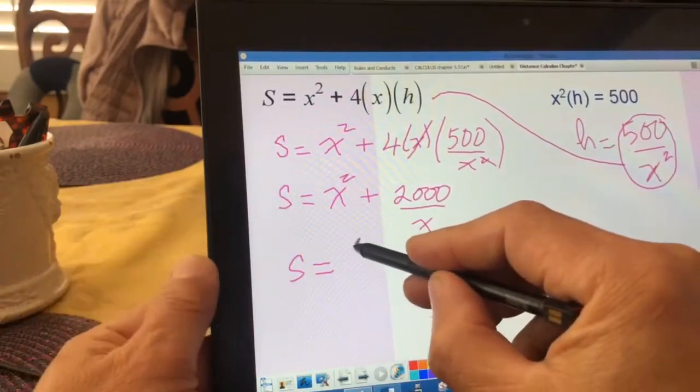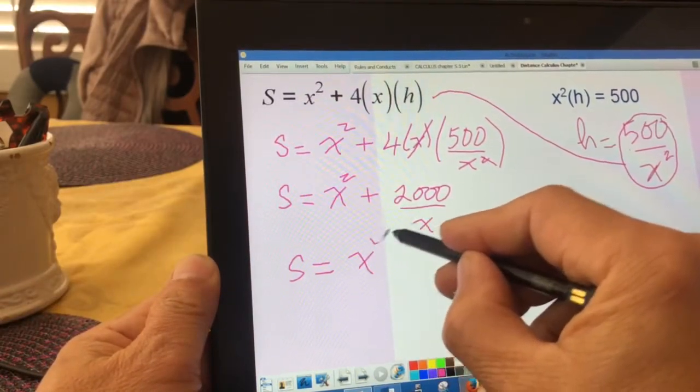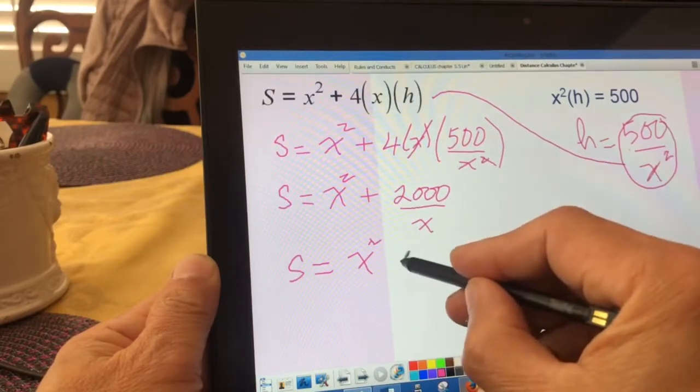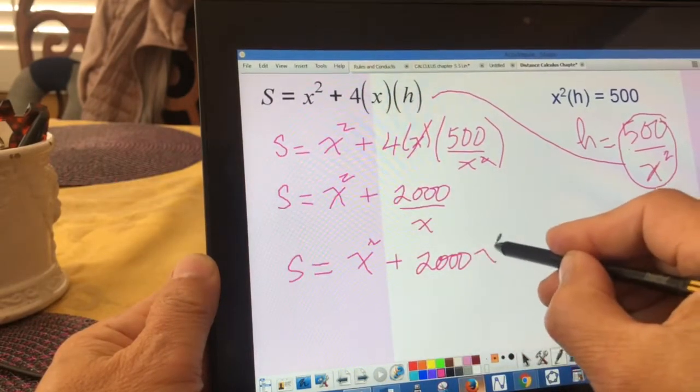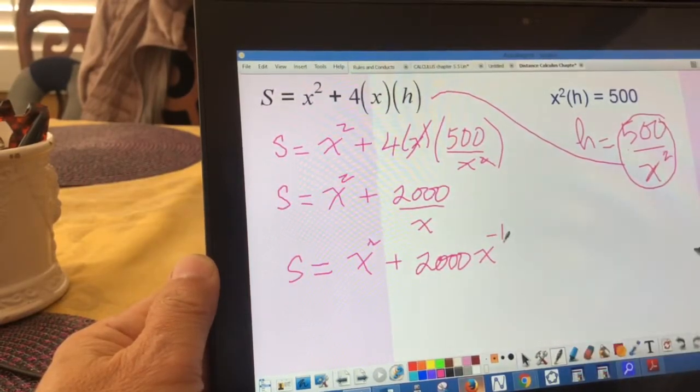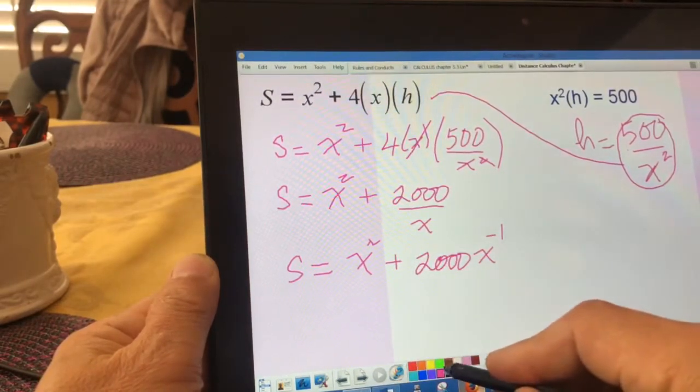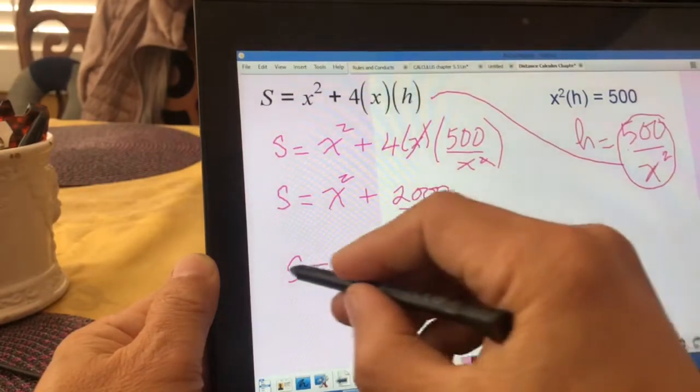Okay, gotta hold my screen here. So there's x squared plus 2,000 x to the -1. Then now we can take d/dx on both sides.